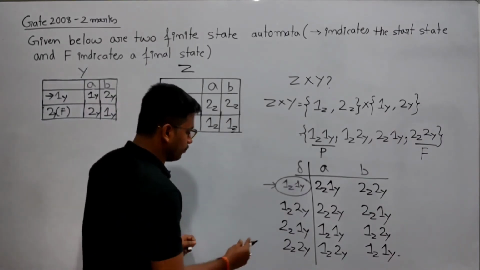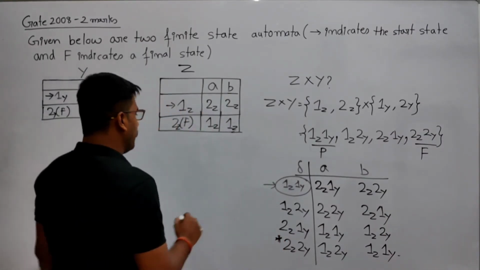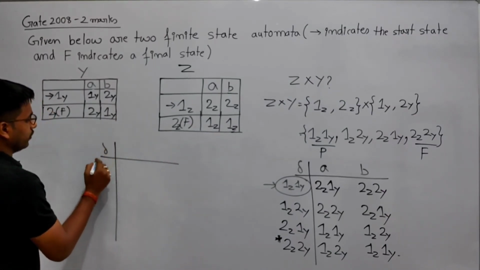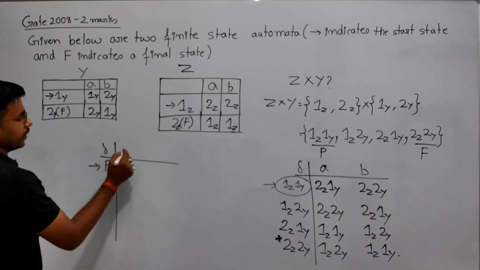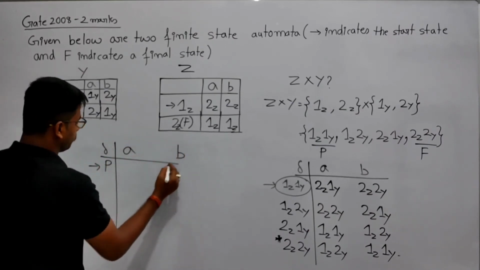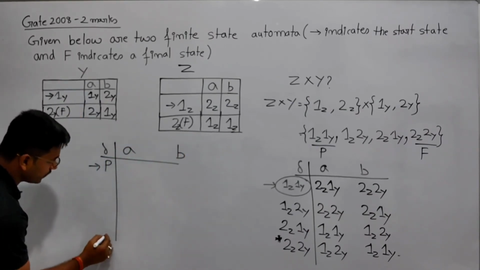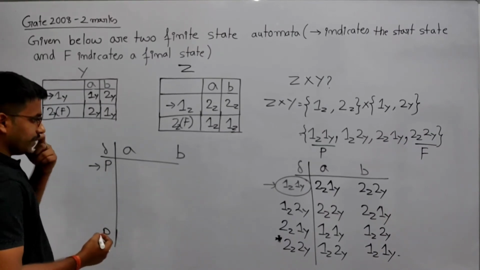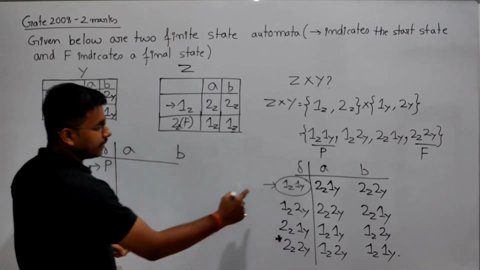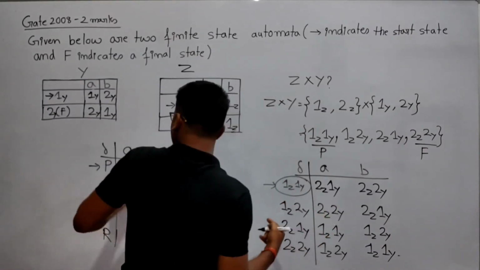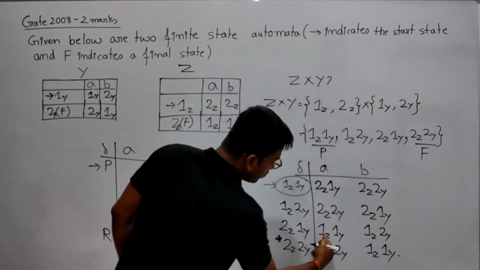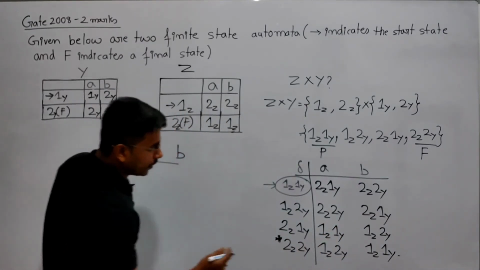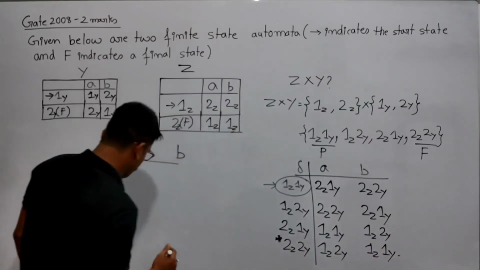So we know these two: initial is this, P is going to be initial, and this is going to be your final R. Okay, so wherever you see 1z 1y, you should write P.